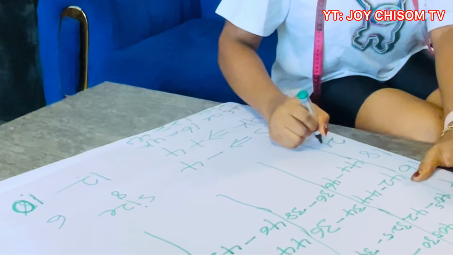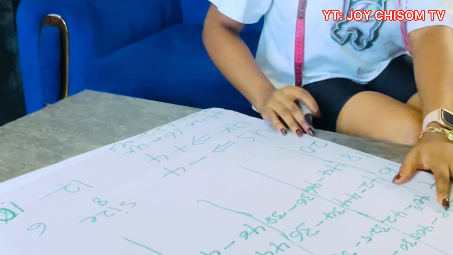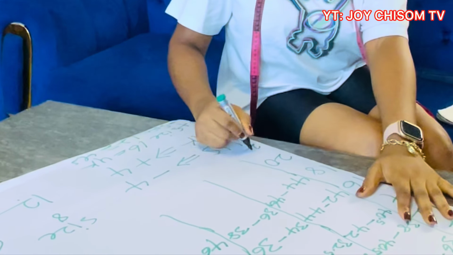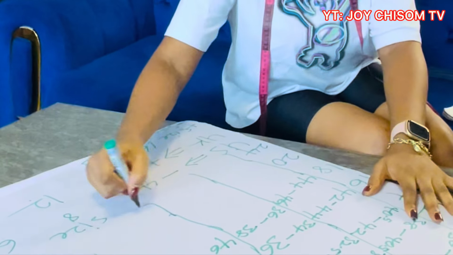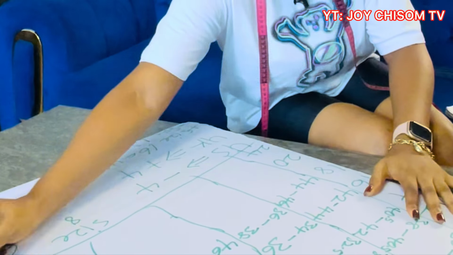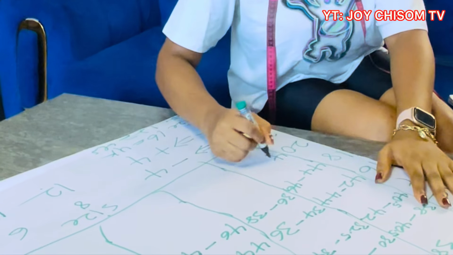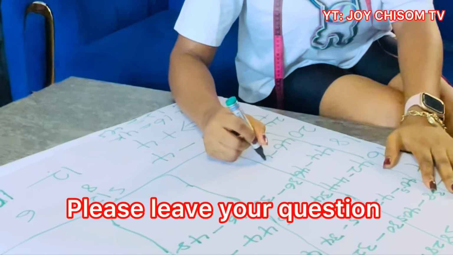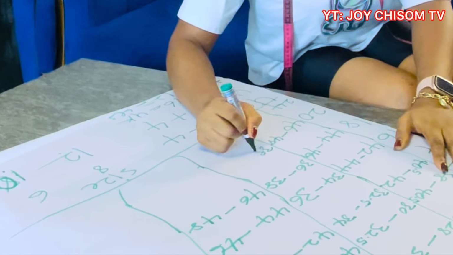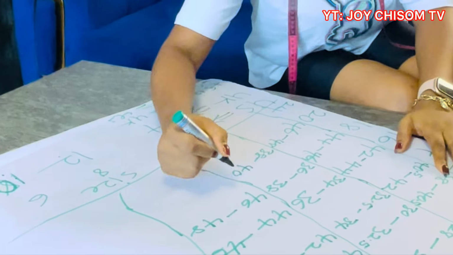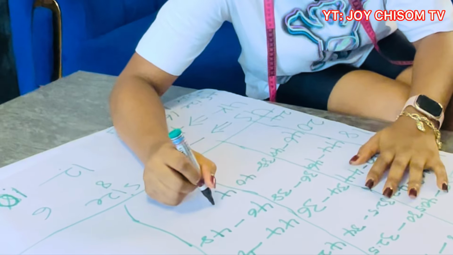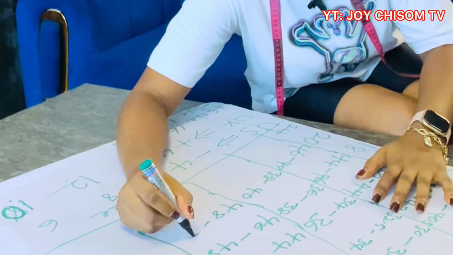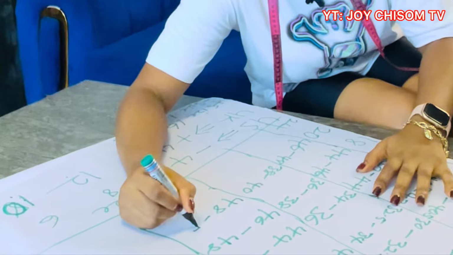I think I'm going to stop at size 20. If you want, you can extend yours to size 24, or let me just do it. Okay, 46 to 48, 38 to 40, 48 to 50.